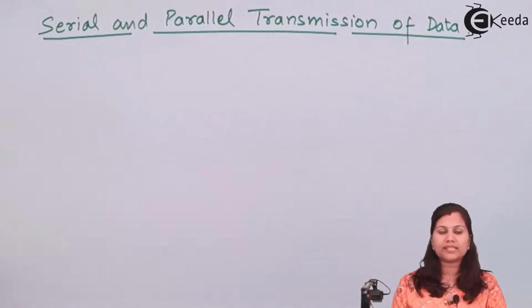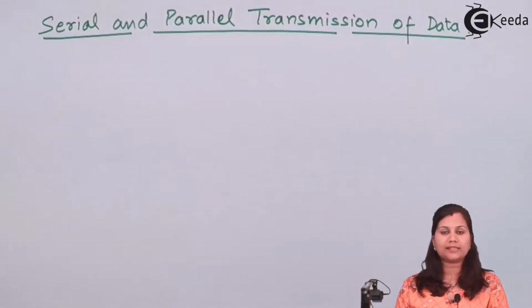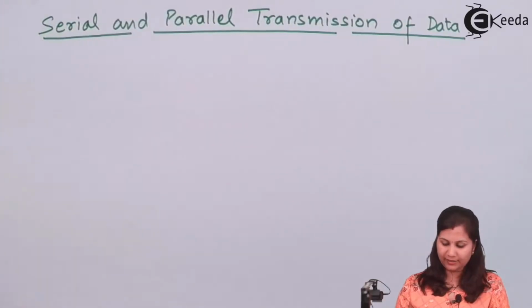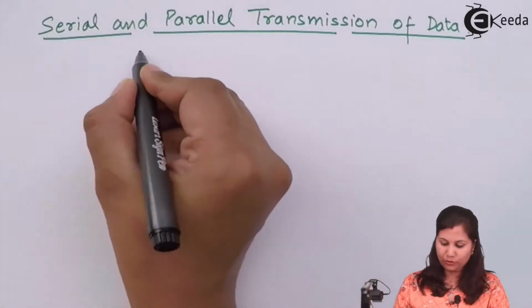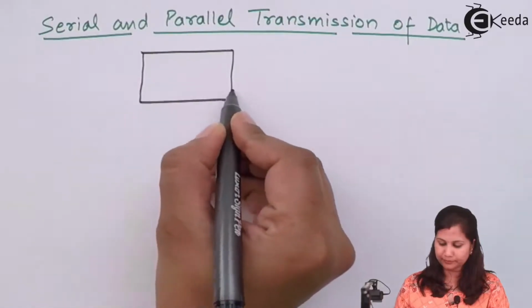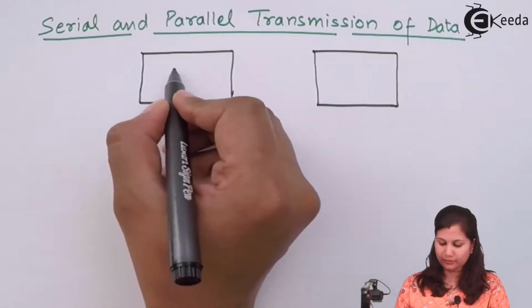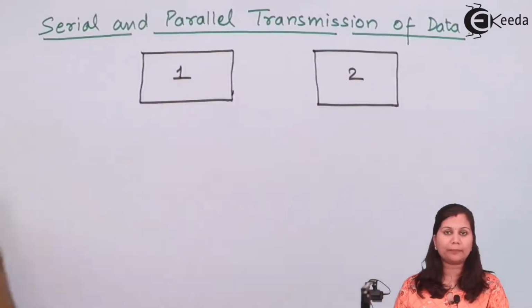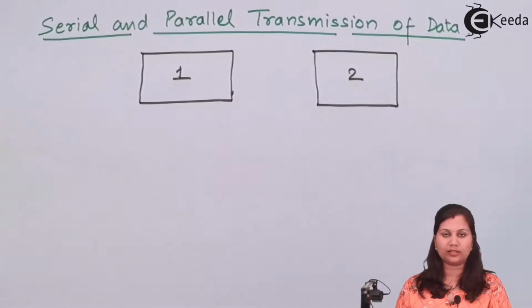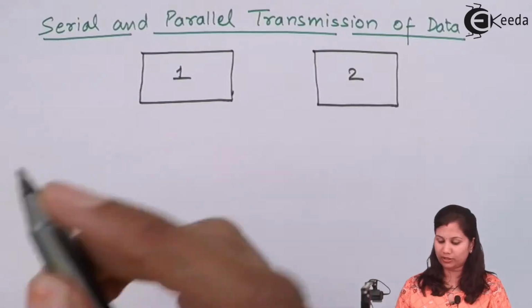Whenever two components are communicating with each other, communication means that they are either transmitting data between each other, or one is receiving and the other is sending the data. So if we have two components, and these components are communicating with each other, communication means they are transmitting the data between each other.